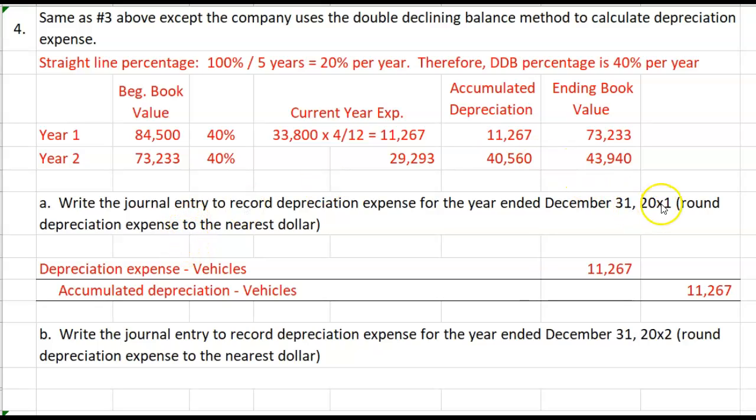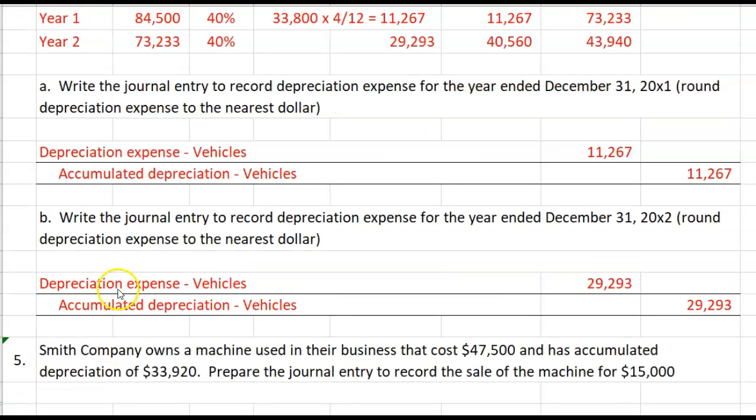For the year ended X1, debit depreciation expense dash vehicles, $11,267, and credit accumulated depreciation dash vehicles, $11,267. Depreciation expense for year 2 we had already calculated as $29,293, so debit depreciation expense dash vehicles, $29,293, and credit accumulated depreciation dash vehicles, $29,293.